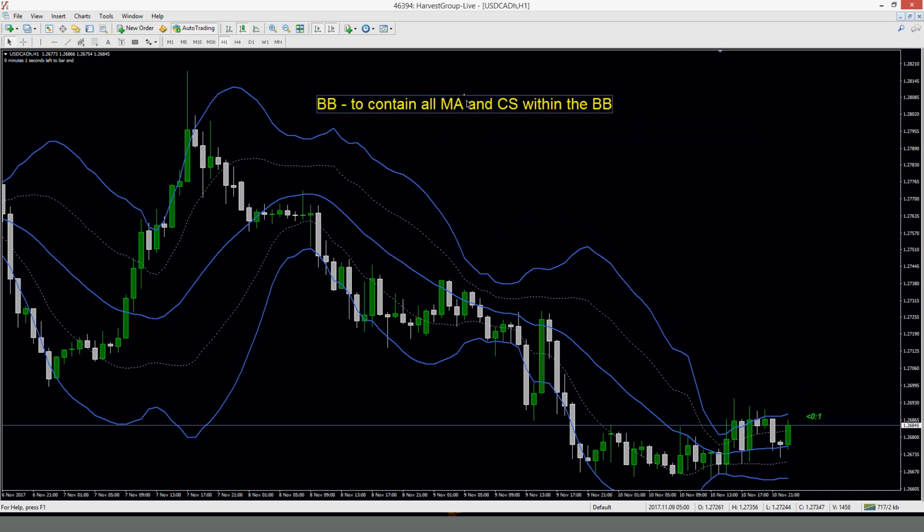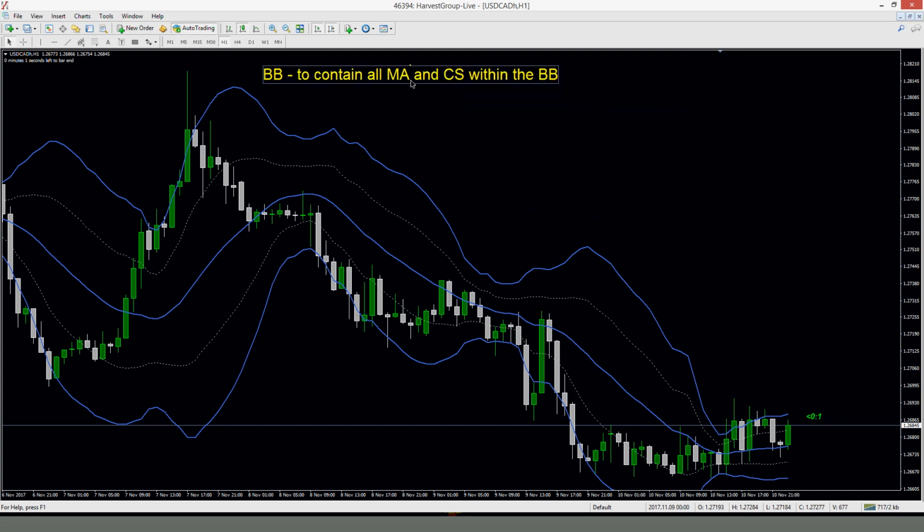Okay. So this is the main function of the Bollinger Band. So we must understand exactly what this means. We must understand that the Bollinger Band's main function is to contain all moving averages and candlesticks within the Bollinger Band. Anything that is outside the Bollinger Band is abnormal. Okay, so there should be an explanation why things are outside the Bollinger Band. So when it does, we need to understand why it's doing that.